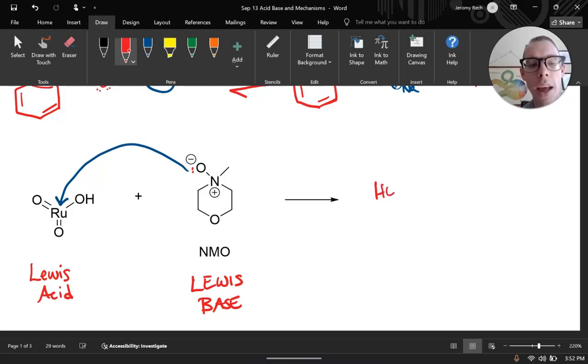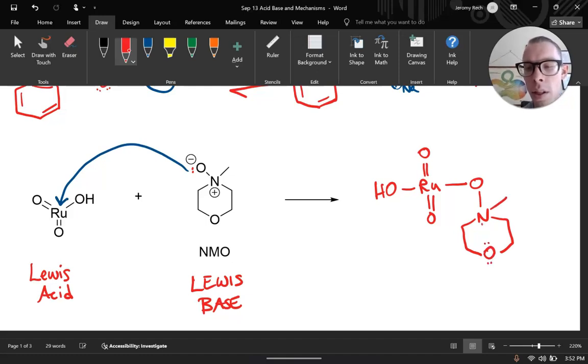And that's going to give us our ruthenium that is bonded to our oxygen, and then that goes down to our nitrogen, our oxygen, and this has an extra one. I'll draw in a bunch of lone pairs here. And then in terms of charges, this nitrogen still carries my plus charge.